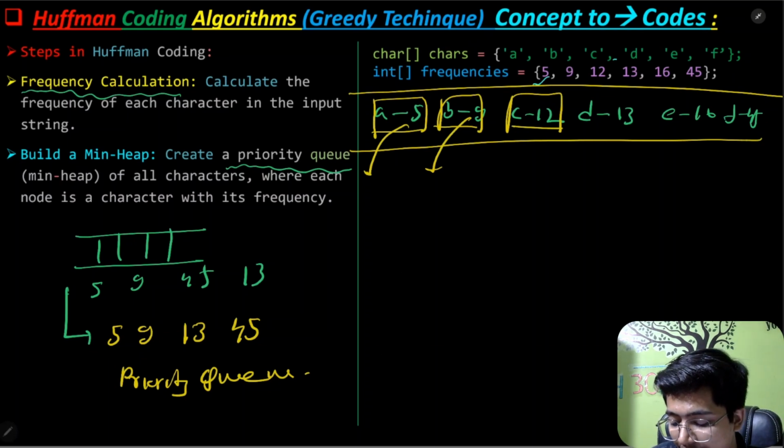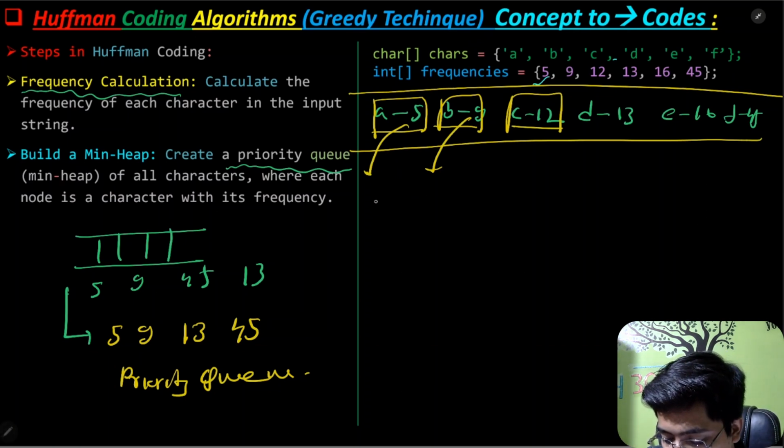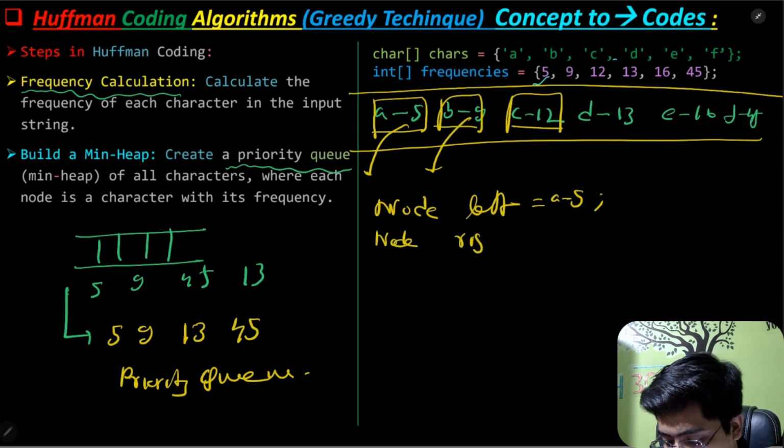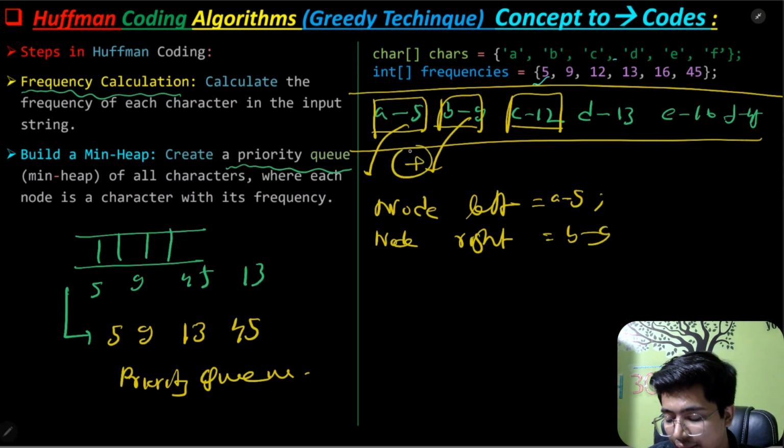So first we pop, and we store that into some node references. Let's call this node left. We pop this element and store it in here; the entire node A5 is stored in here. In node right, we store the second one, and then we combine those.